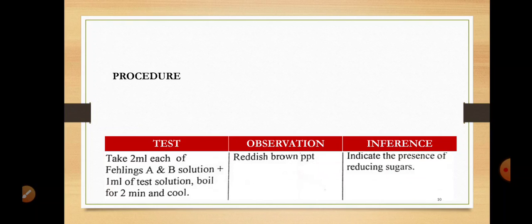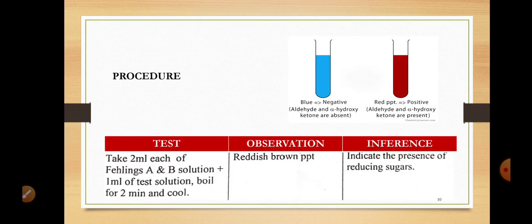To that, we add 1 ml of the test solution, and after that we boil this mixture for 2 minutes and subject it to cooling. After doing so, if you observe a reddish brown precipitate, it indicates the presence of reducing sugar. And above, I have just shown you.